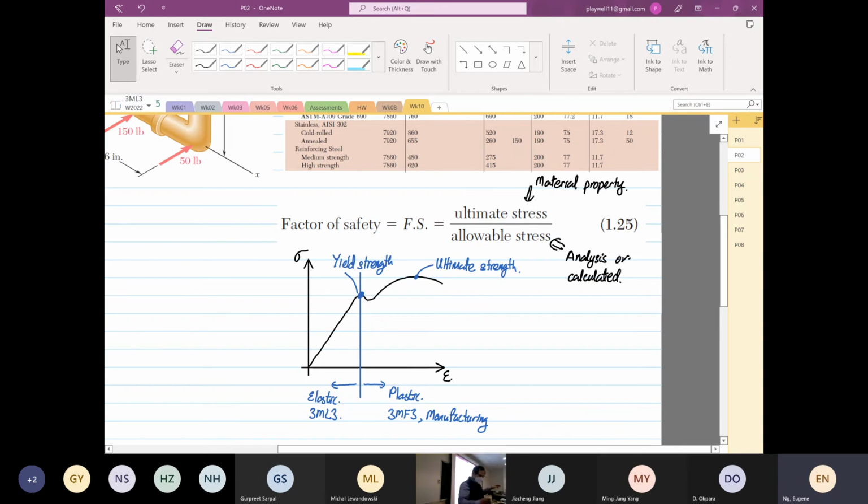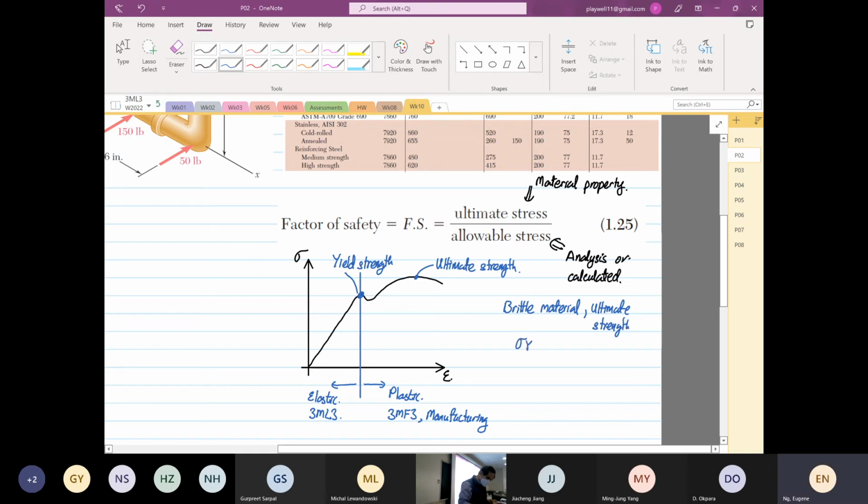So for brittle material, that's why I asked you, I just waste my time, okay? But wait. So for brittle material, you have to use the ultimate strength. Why?